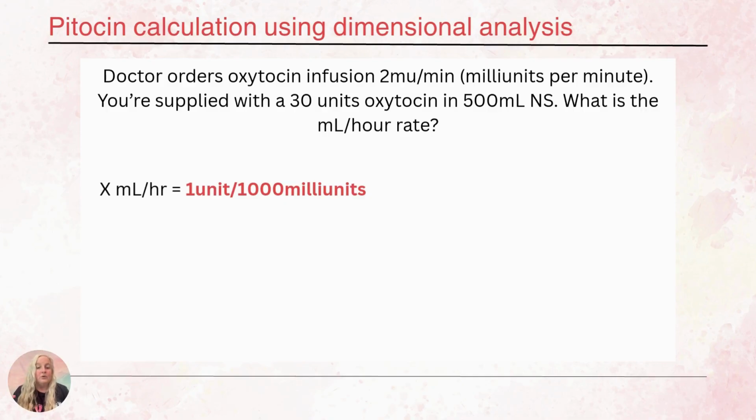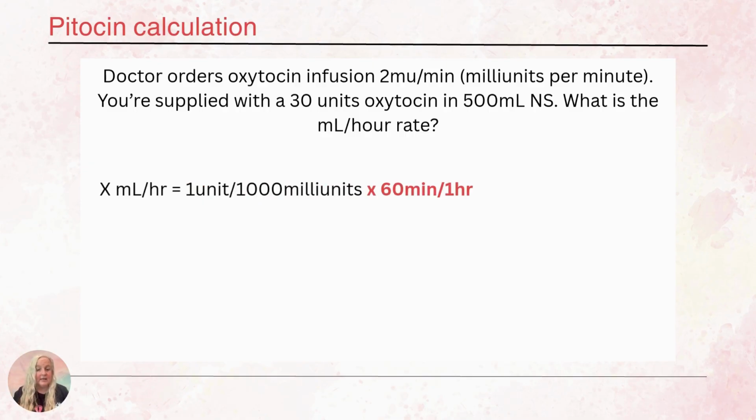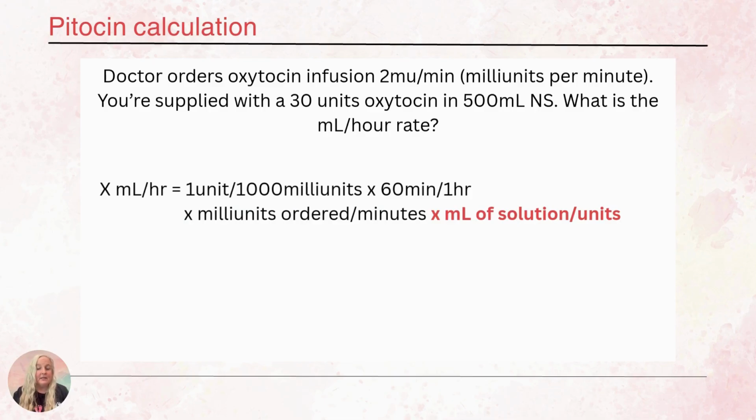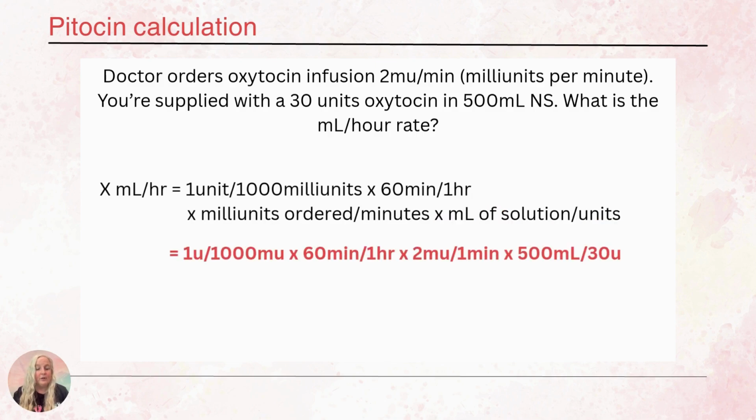So in order to make the conversion between milliunits and units, we have 1 unit over 1,000 milliunits times 60 minutes over 1 hour, so that's going to adjust for our time, times milliunits ordered over minutes, times milliliters of solution over units. So when we plug these in, we find that our formula looks like this.